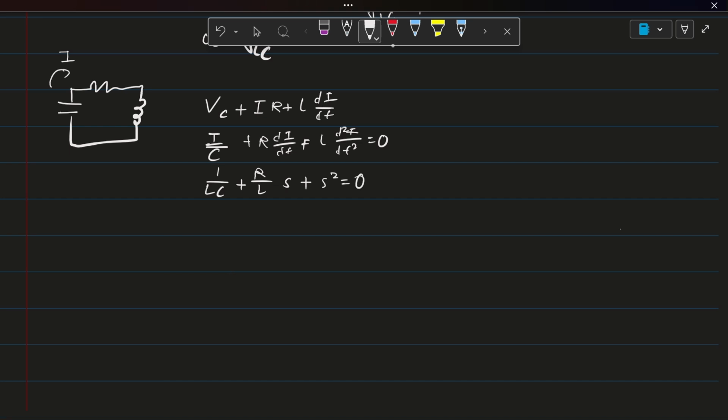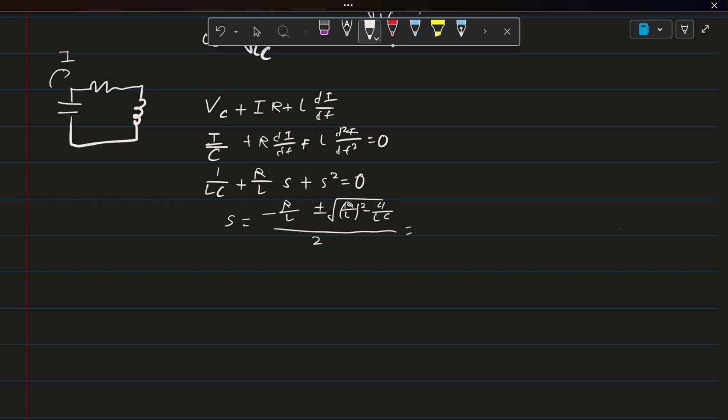So we can solve the characteristic polynomial straight away by using the quadratic formula. So this will be s equals negative R over L plus or minus the square root of R over L squared minus 4 over LC, all over 2.